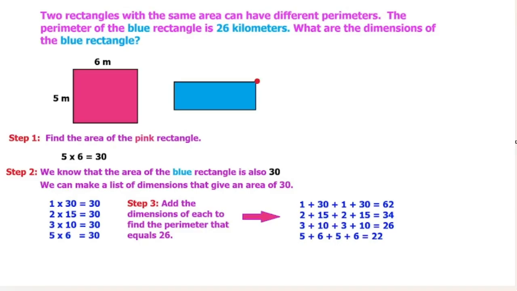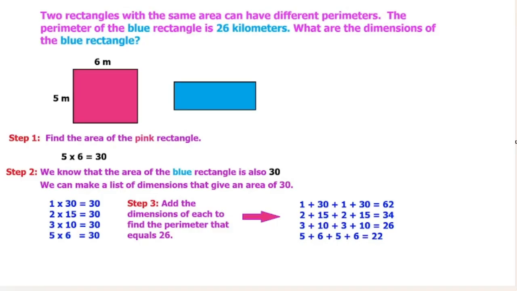If you start here and you walk around the whole perimeter, 3 plus 10 plus 3 plus 10 equals 26. And let's just do the last one for fun. If this was 6 and this is 5, start here. 5 plus 6 plus 5 plus 6 equals 22.